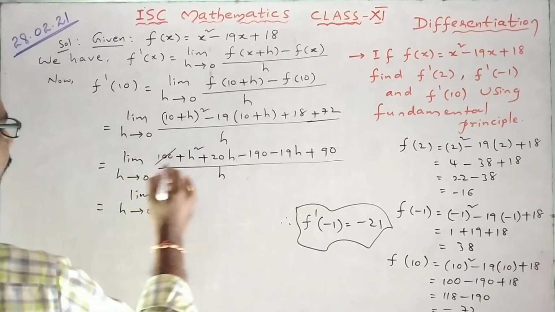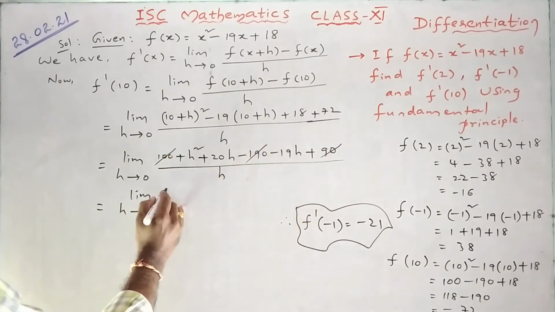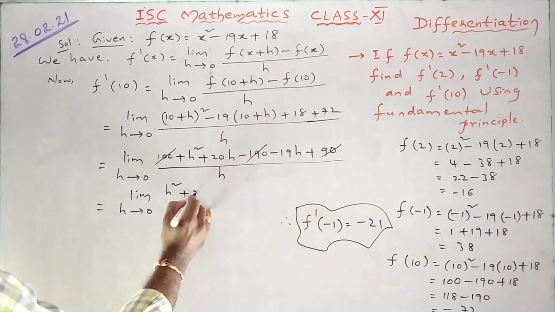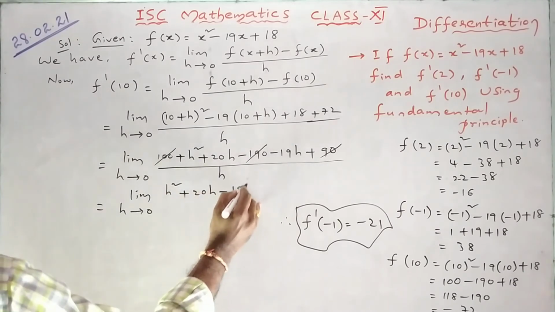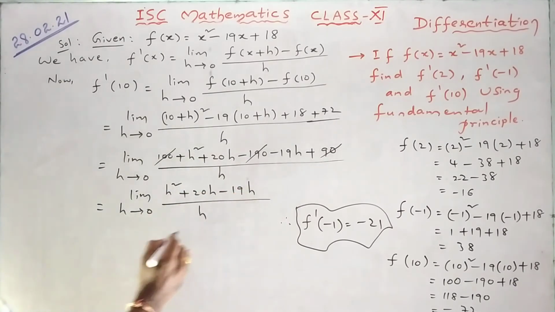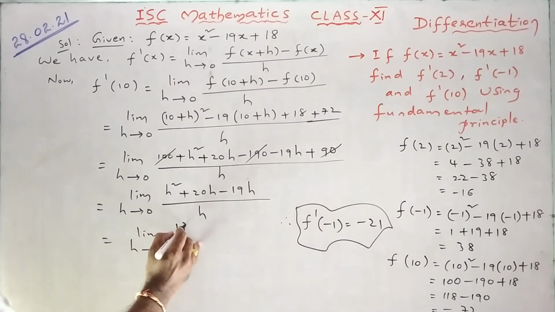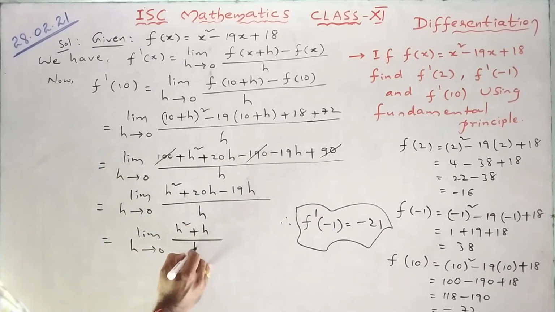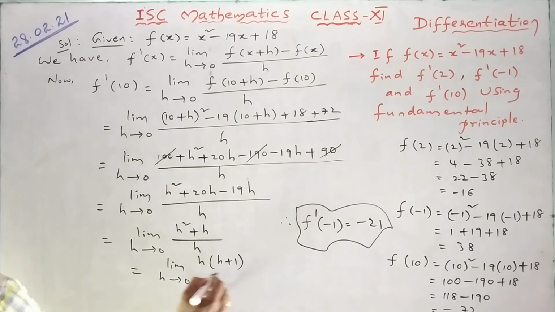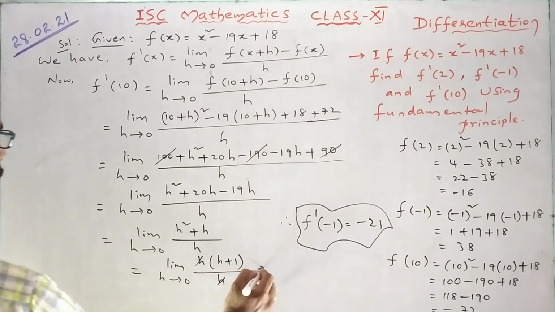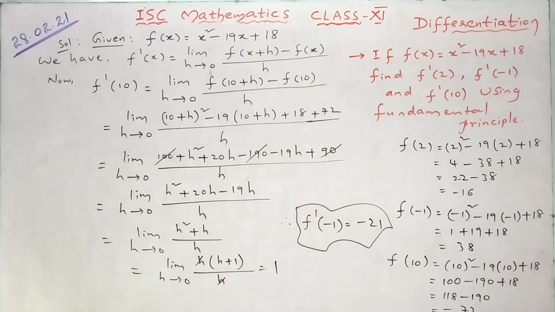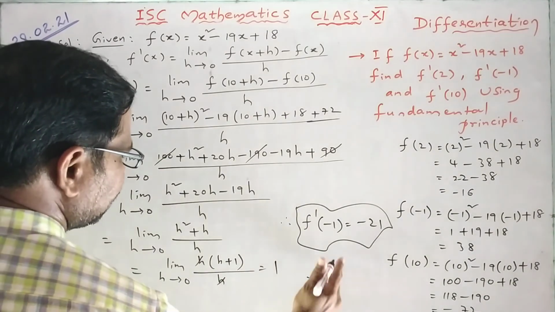Here 100, 90, 190 minus 190 cancel. h square plus 20h minus 19h upon h. Limit h tending to 0, h square plus h upon h. So limit h tending to 0, take h common, h plus 1 upon h. So answer will be 1. Final answer is 1.